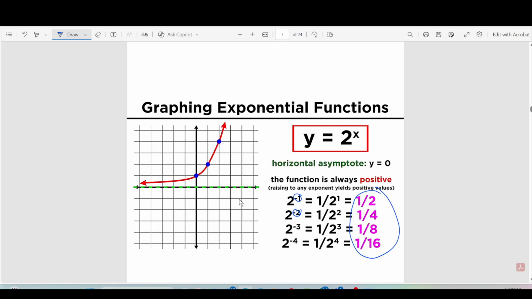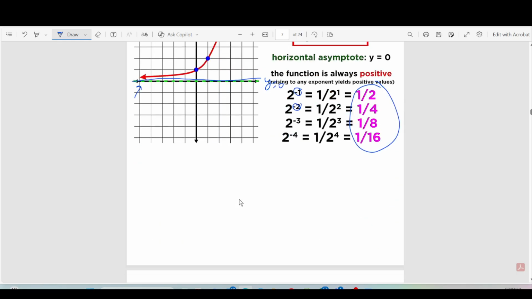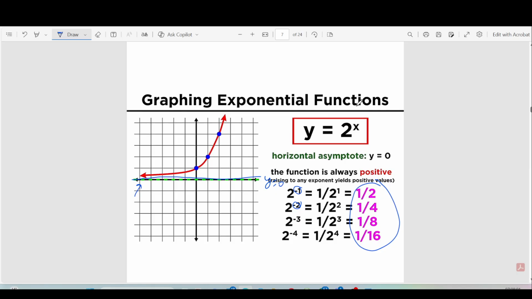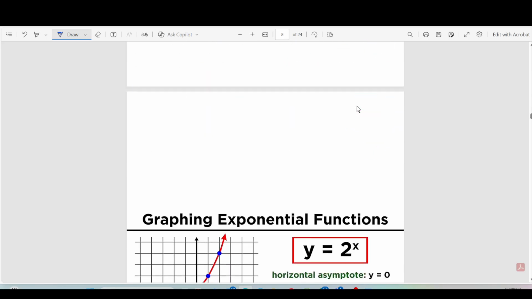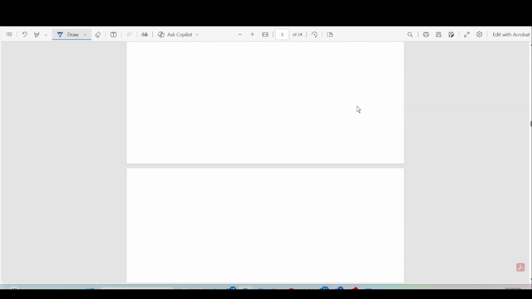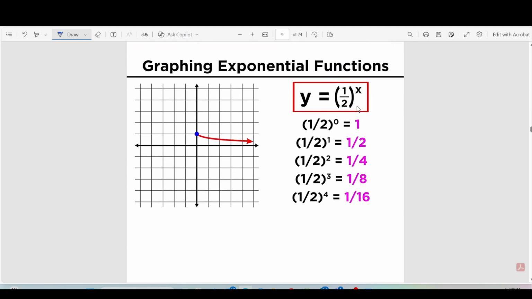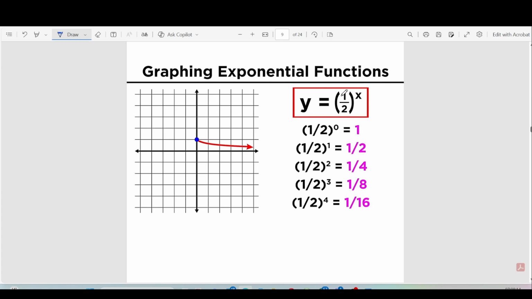So the horizontal asymptote is y equals 0, because it is going very close to y equals 0, right? So this is our horizontal asymptote, y equals 0. If there is only one exponential term, that is the case. If there is something plus or minus, then there could be another horizontal asymptote.